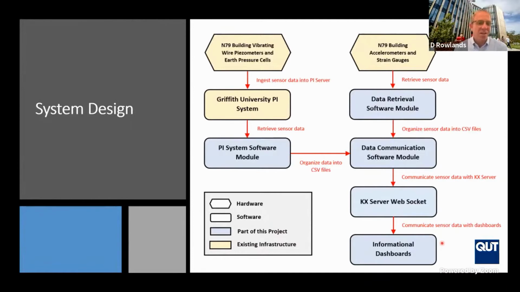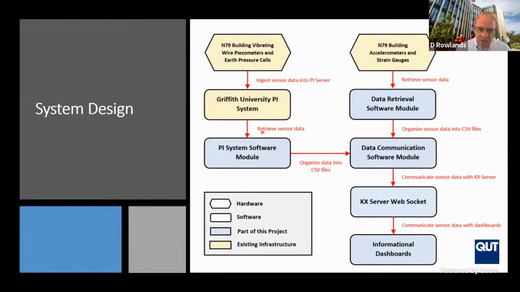So the immediate thing that we came across was that we had two disparate systems. The KX will be running elsewhere. For this project done by the student, we set it up just in a Linux box in the building.